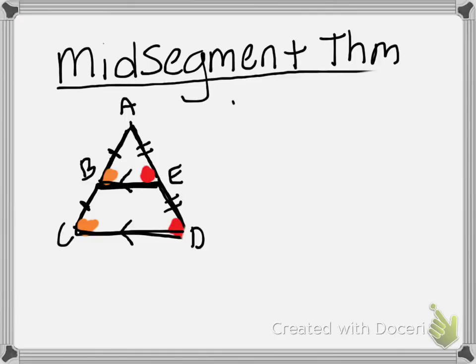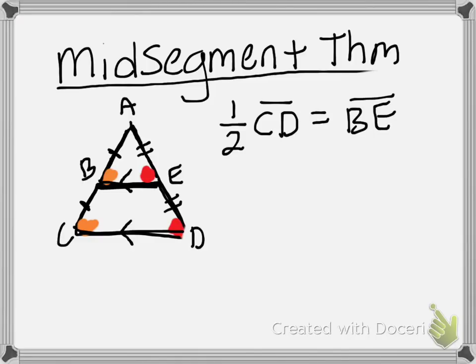If you take half of the length of the segment C to D, it's going to equal the length of B to E. So this is one way that you could write that. So if I were to take this bigger segment and divide it by 2, or half it, it's going to be the same length in this case as B to E. And that's usually the version that you're going to see in the textbooks.